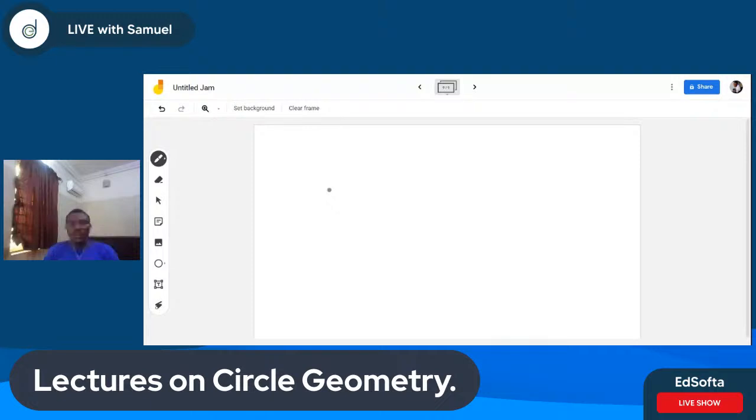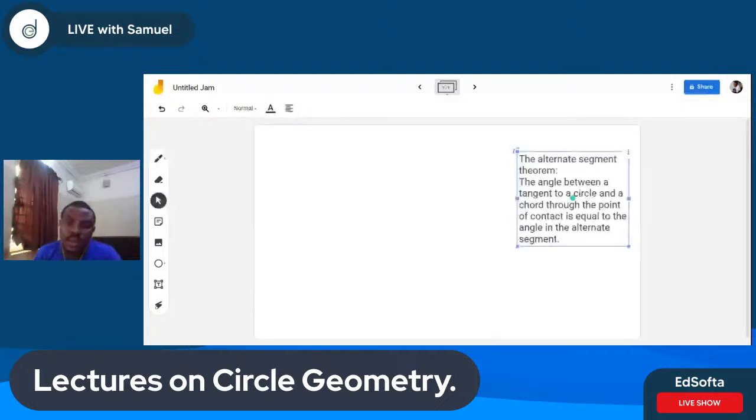The theorem says the angle between the tangent to the circle and the chord through the point of contact is equal to the angle in the alternate segment. This might sound very confusing, I know, but let's put it in illustration so that we can understand what this theorem is talking about.